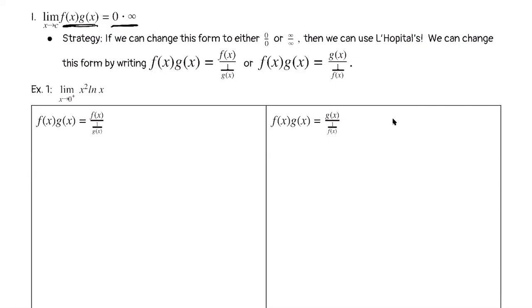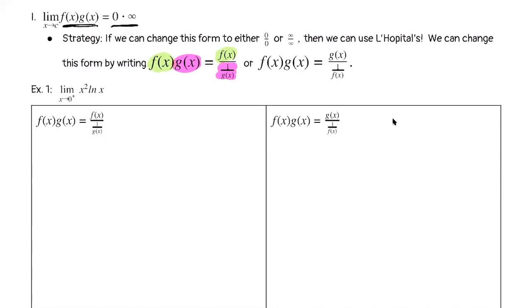Because taking derivatives of each piece, like the numerator and the denominator separately, that's something that we can all do. And so our job is to try and get it into that format so that we can use that strategy, okay? So here's how we do it. We find our 2 functions and we rewrite them in one of 2 ways. So one way is we could keep the f of x in the numerator, and then instead of multiplying by g, we say let's divide by the reciprocal, which is the same thing as saying multiply by g.